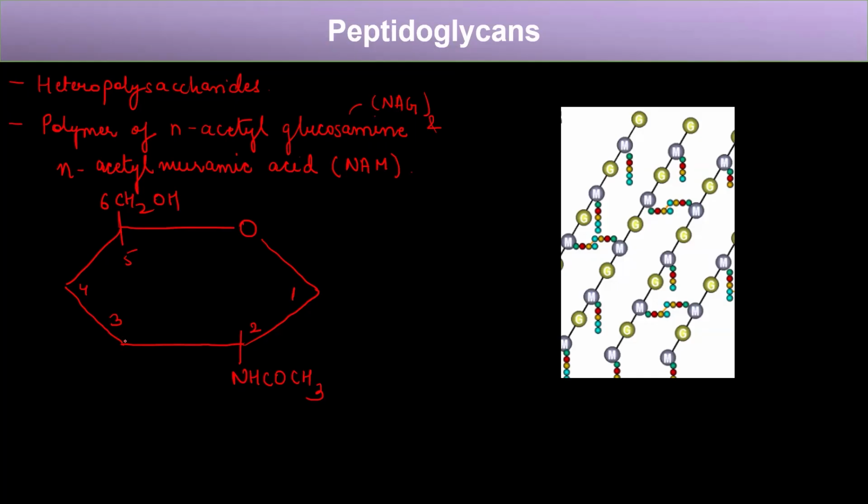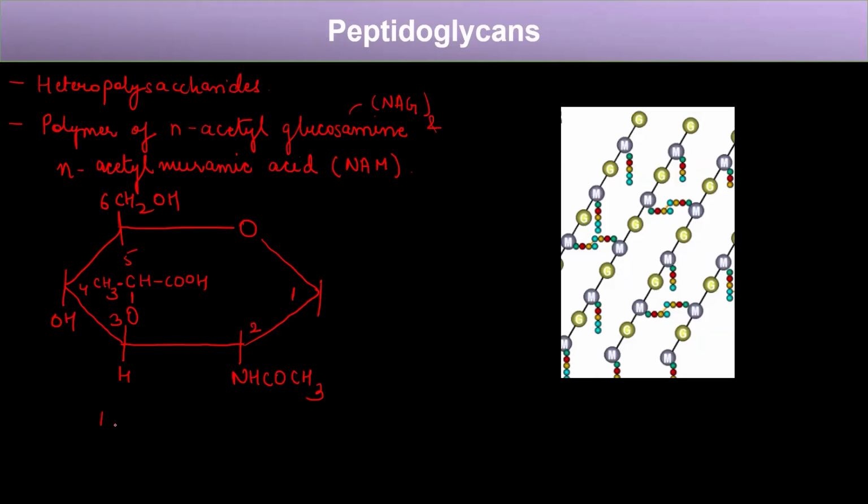Now, in order to make N-acetyl muramic acid, what you have to do is, here we have O, right? When this O is linked to muramic acid, then it becomes N-acetyl muramic acid, and the rest will be the same.